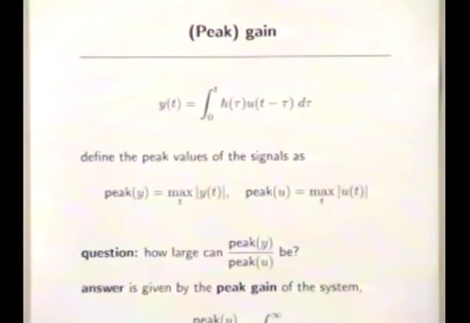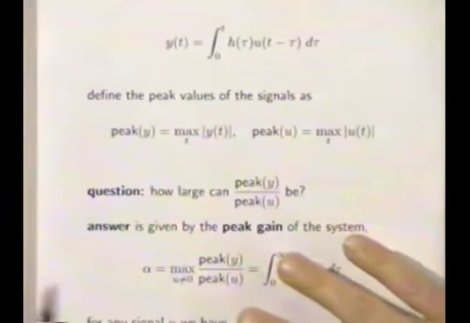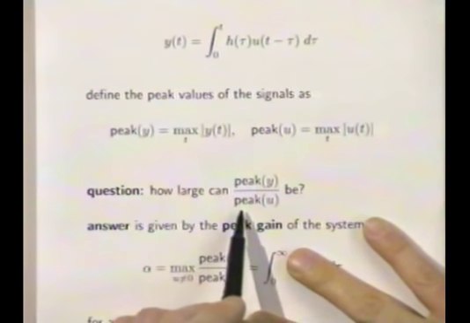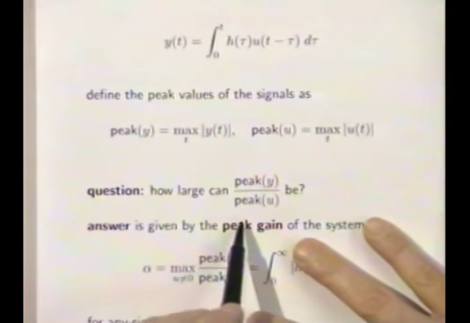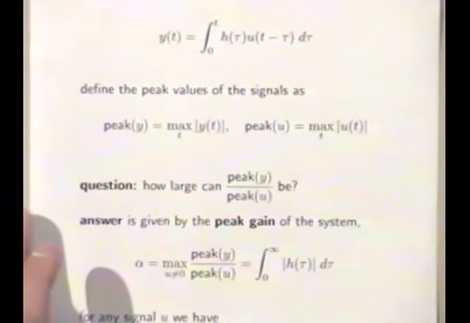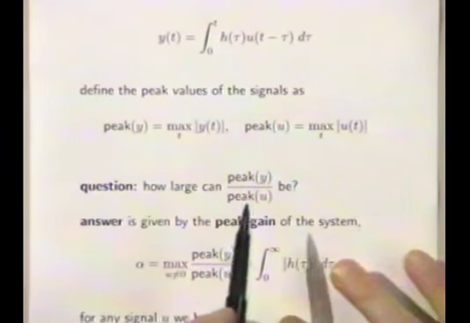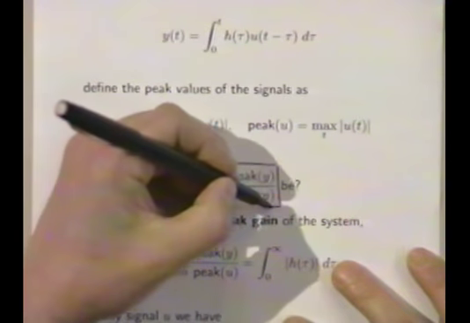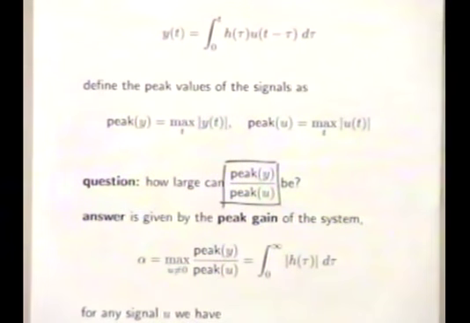But the question then is, what's a good measure for this? One measure is to take the ratio of the peak of the output to the peak of the input. That's a reasonable measure of gain or amplification factor or whatever you want to call it. And it turns out that this number, the peak of the output divided by the peak of the input, depends, of course, on the input you put in.